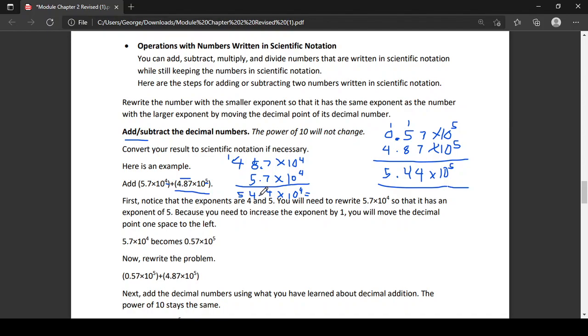Therefore, do we move right to left or left to right? Right to left, sir. Therefore, what is my exponent? It becomes 5, because moving right to left I add 1, while left to right is minus 1. So it is 5.44 times 10 raised to the power of 5, the same as before.